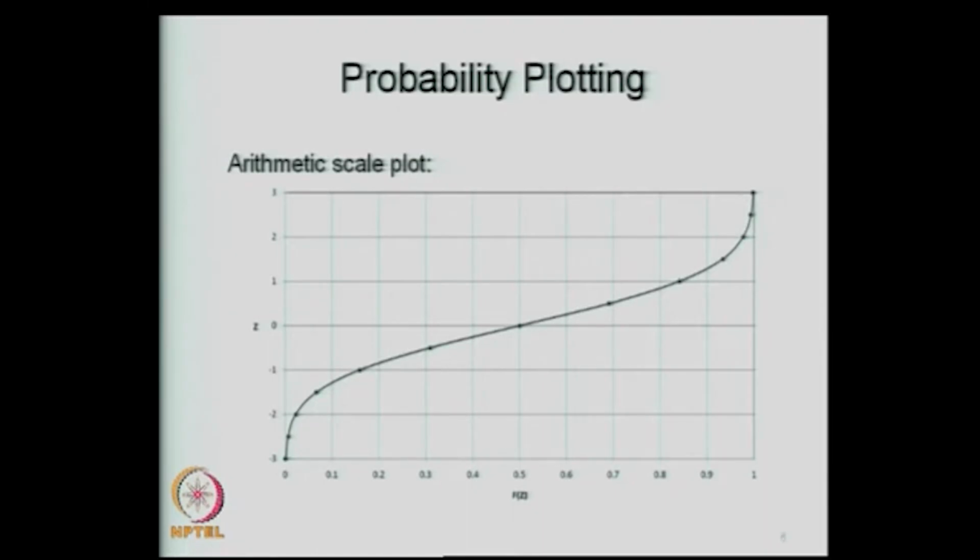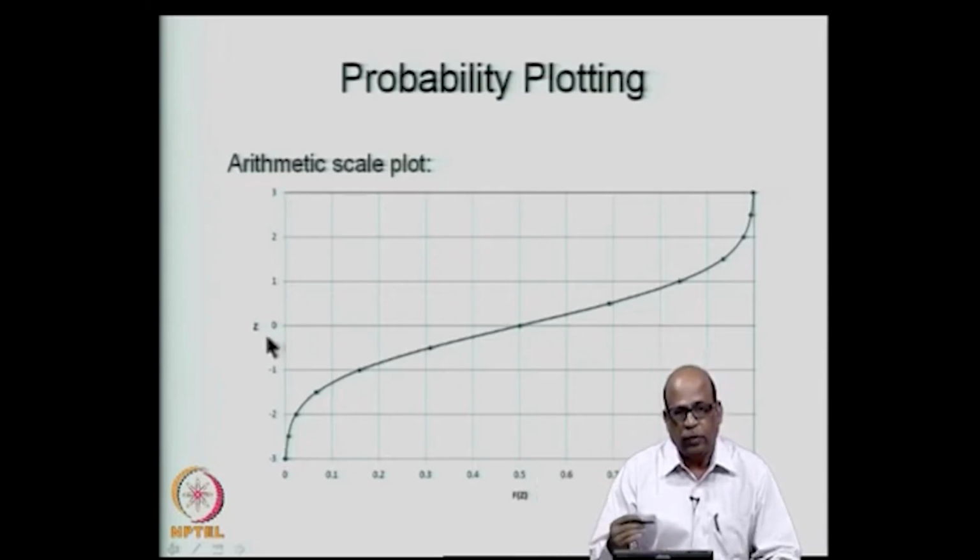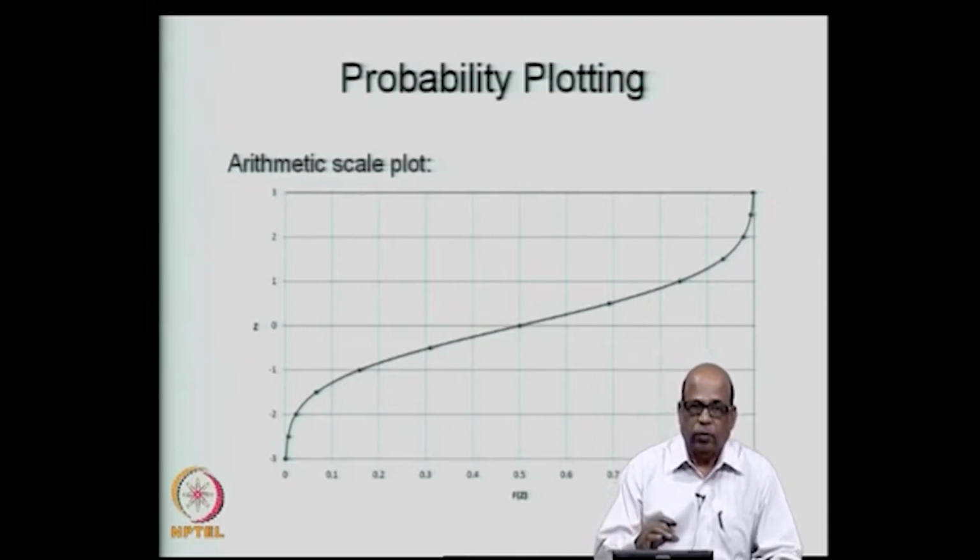What we now want to do is to plot this relationship between F of z and z as a straight line. So, what is it that we do? We convert the scales on F of z such that this figure plots as a straight line.